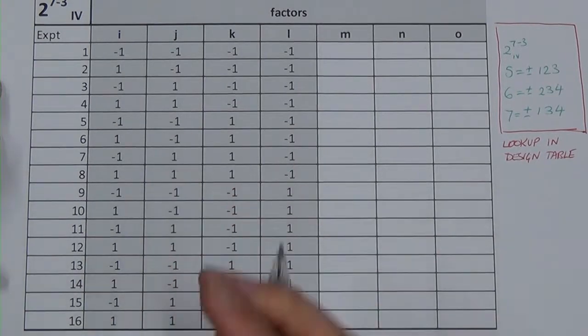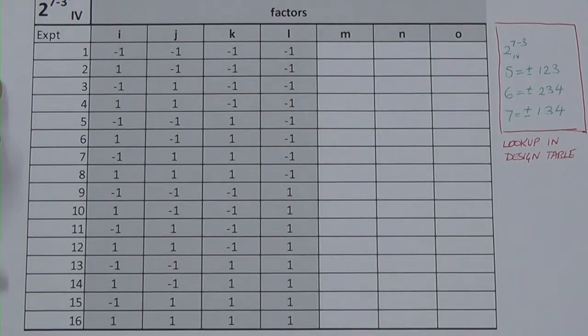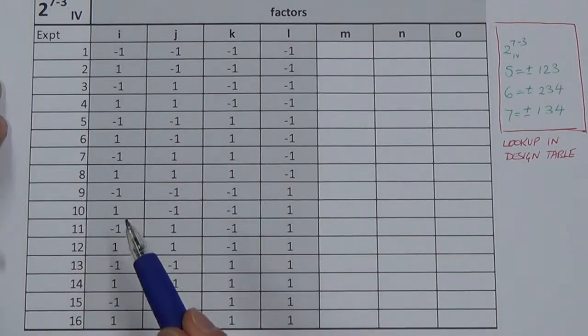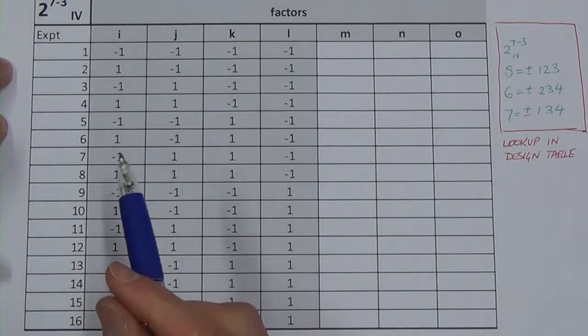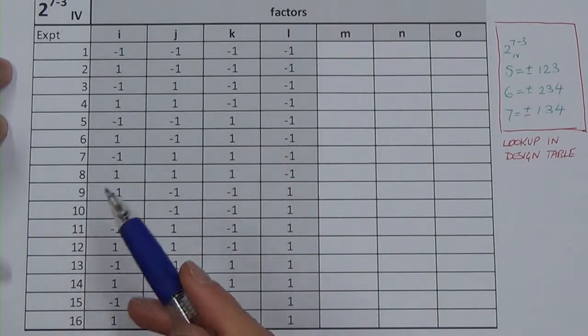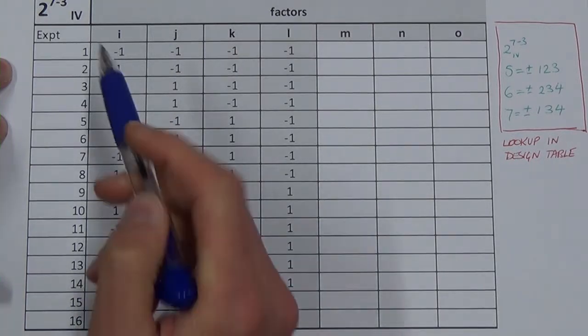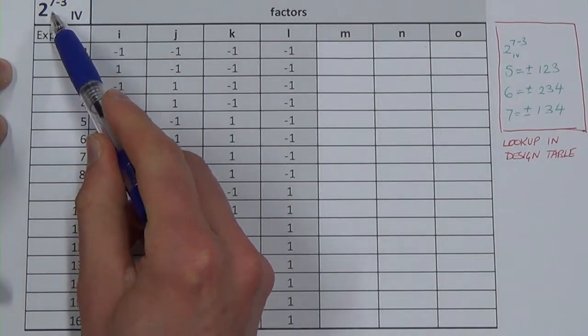Okay, so the problem with the fractional factorial design, which is here represented as a 2 to the 7 minus 3 resolution 4 design, is that we've gone down from 128 experiments, 2 to the 7, down to just 16 experiments, 2 to the 7 minus 3.